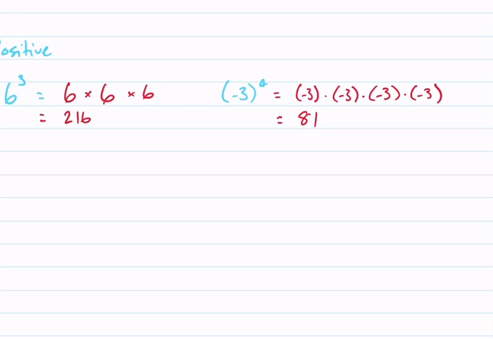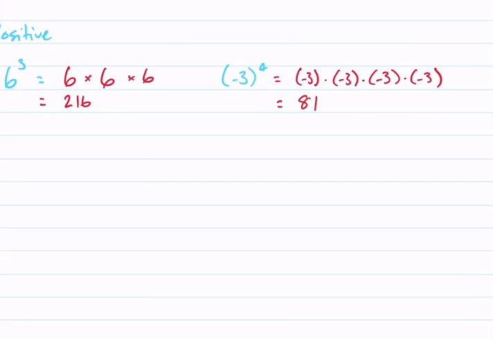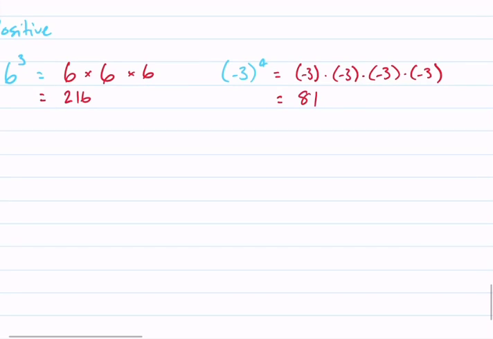Now, I want to show you a different scenario with a negative base. I'll use orange for this one. So if we take the parentheses off of the base, it will give us a different answer. Basically what this is saying is take the opposite. So if we work this out, we still have 3 raised to the power of 4.